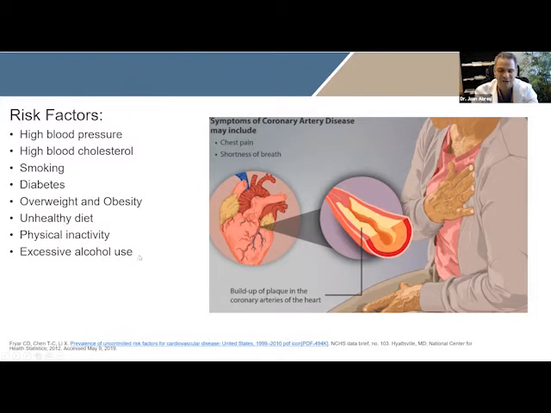Physical inactivity. Now, this is a big debate. People have debated over a long time what is the recommended amount of exercise that we should do every week. Some people say 30 minutes 3 times a week, 20 minutes 5 times a week, and so forth. But I always tell my patients, even if you get up and walk around the block a couple of times, twice a day, you should be good.